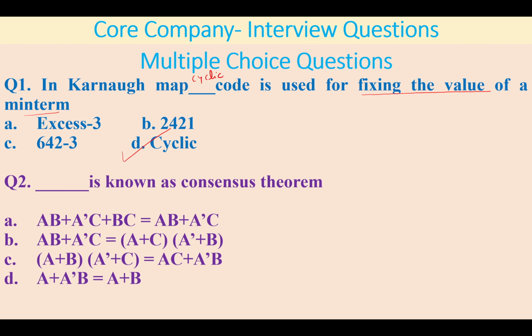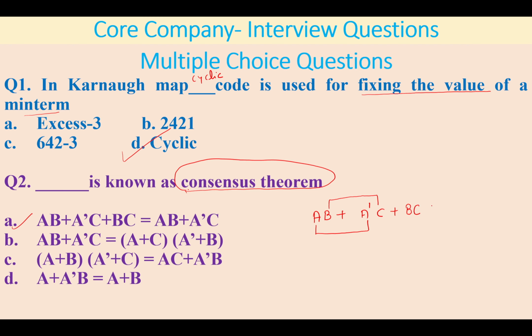Now we come to the next question. Dash is known as the consequence theorem. What is actually the consequence theorem? The first option is correct, but we have to prove that. The consequence theorem represents AB plus A bar C, where the two terms are in complemented form, and the remaining two terms, B and C, come in product form.